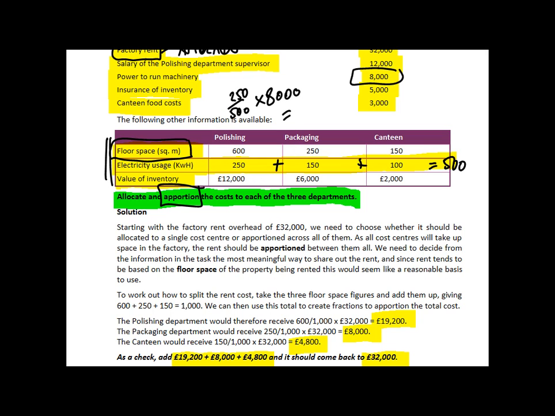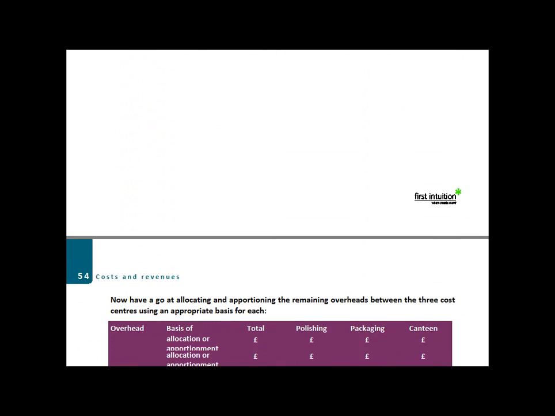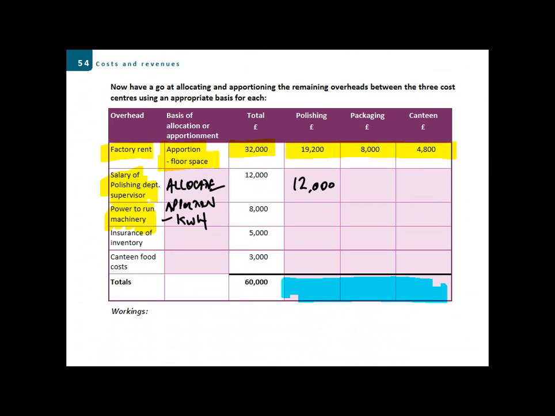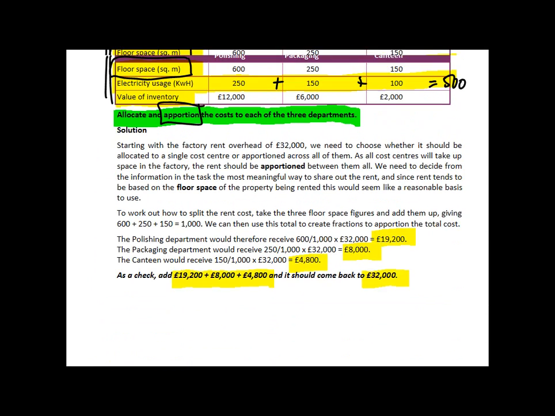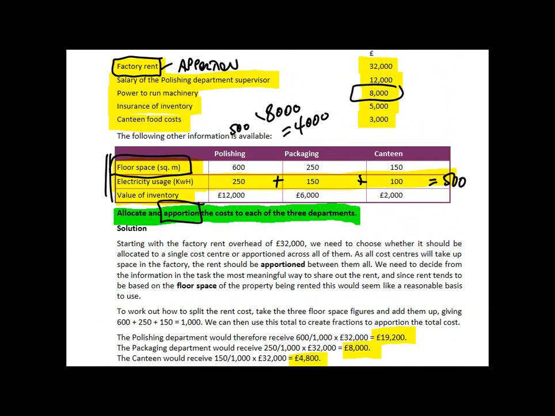That means I'm going to give them £4,000. So I can apportion £4,000 of the power cost to polishing. They're going to get half of it. I then need to work out how much packaging is going to get. Well, packaging used 150 kilowatt hours out of 500.